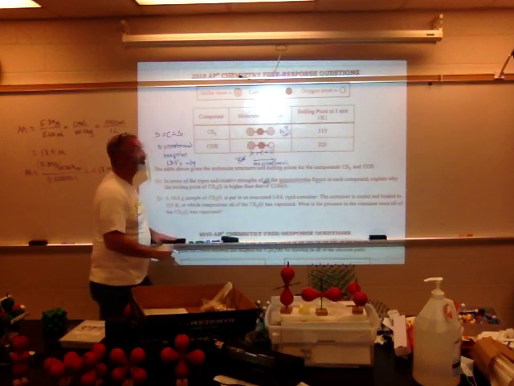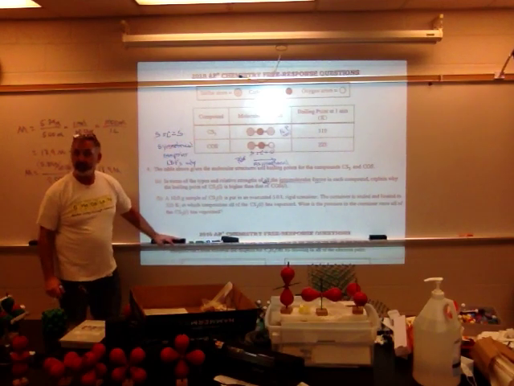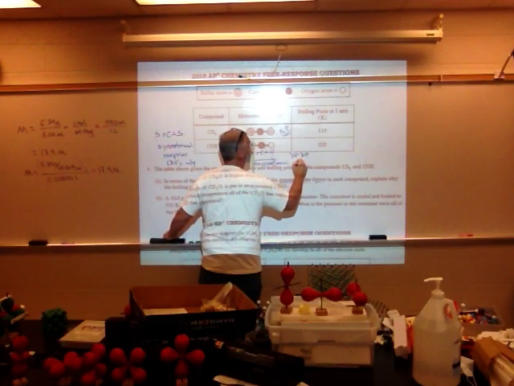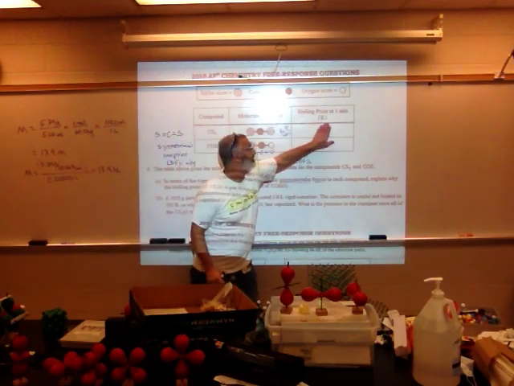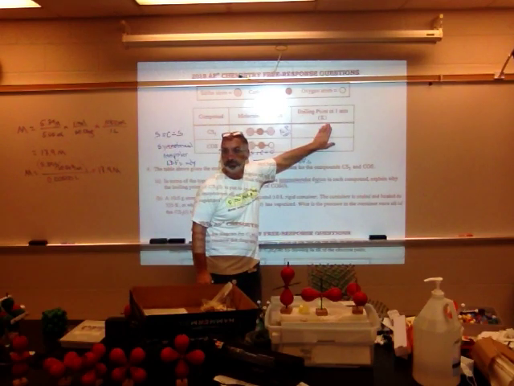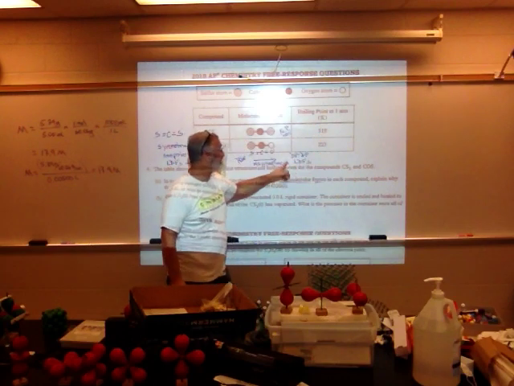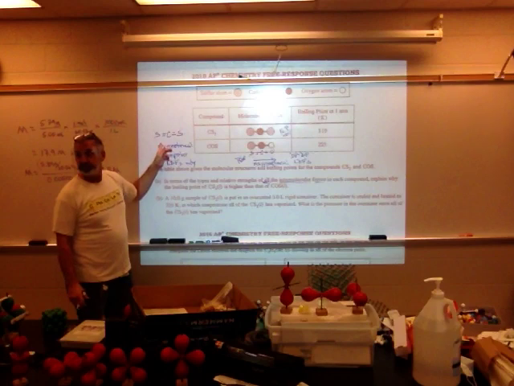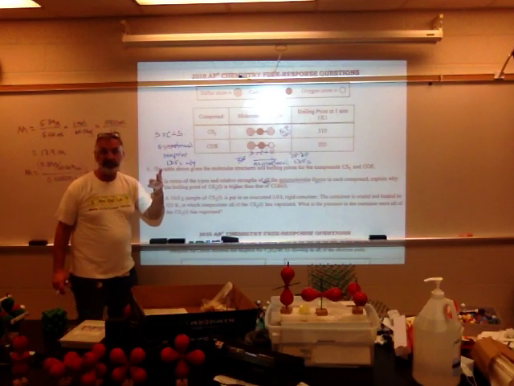So what type of attractive forces are between it? Dipole-dipole and LDFs. So if I didn't have this information right here, my instinct is going to say this one's going to have the higher boiling point than this one, because it's got the dipole-dipole.